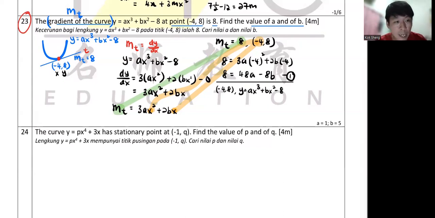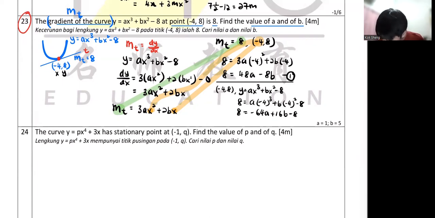Okay, you can see now the -4, 8 is sub into the x and y. So here you will get your second equation. Been working here quite long actually. So I'll open the bracket. -4 to the power of 3 is -64. -4 squared is +16.